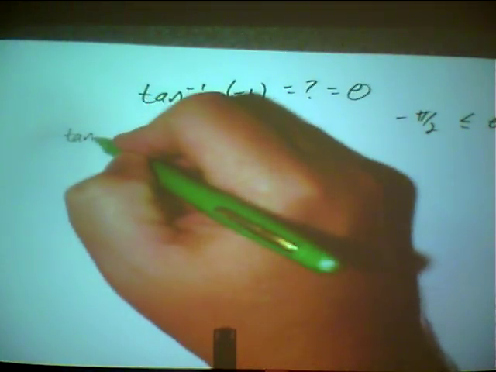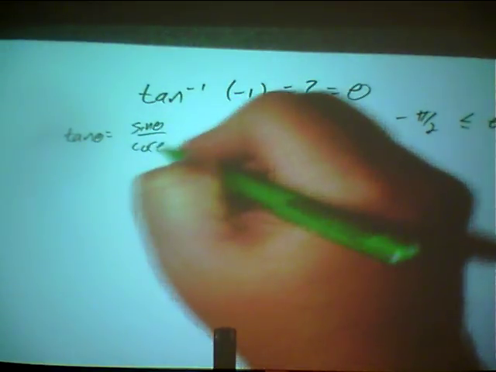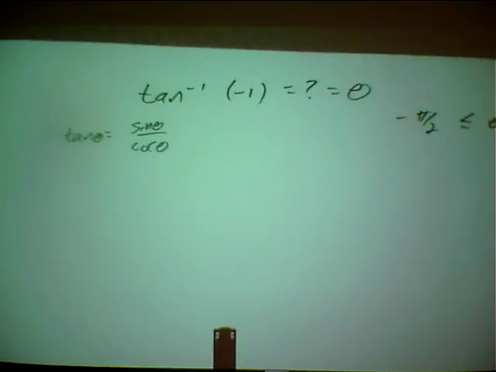And since, if you remember, tangent of an angle is sine over cosine, I'm really looking for some place on the unit circle where the sine and cosine are the same value but have opposite signs.